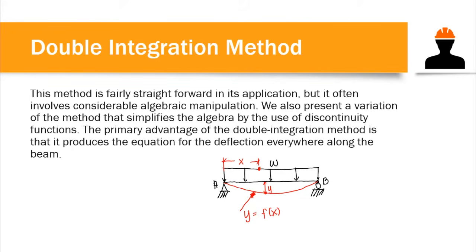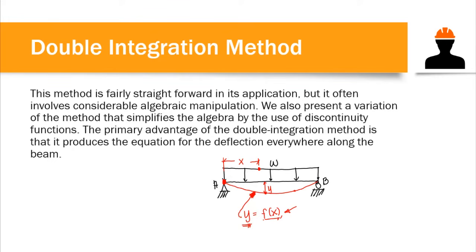The most common reference for X is the end support. So this deflection diagram can be plotted in the Cartesian plane using an equation of Y, the deflection, as a function of X. This would be our goal in the double integration method.